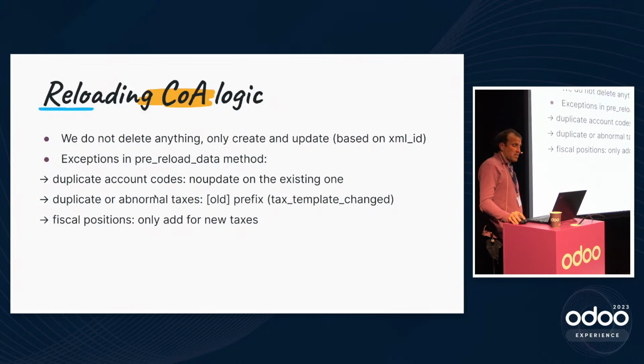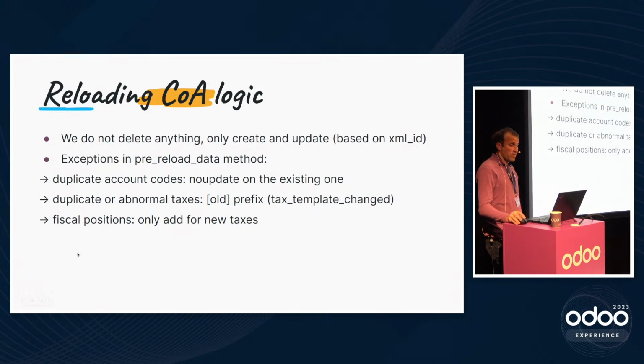Also, if you have taxes, and the XML ID changes completely, then we have a safety mechanism where we copy the tax and put alt before it. Normally this should happen very little, because it only really happens when the type of the tax changes.